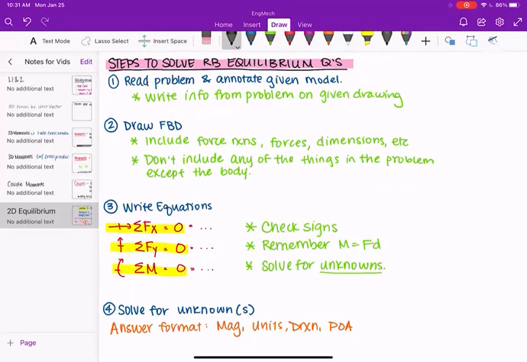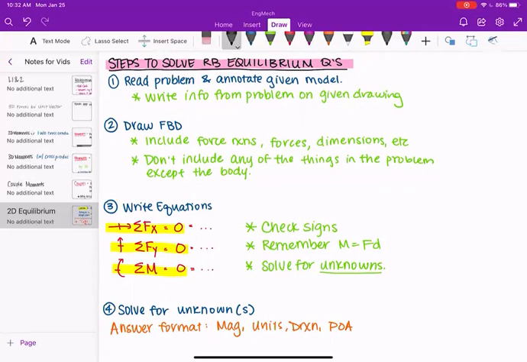So essentially, your unknown could be a force. Your unknowns are usually reactions of some sort, like pin reactions. They could be dimensions. They could be any piece of information that you would need to complete the free body diagram.